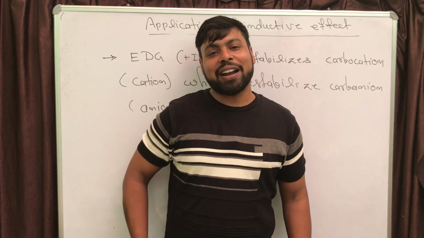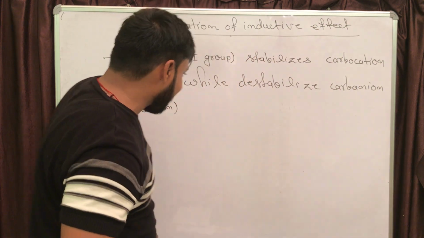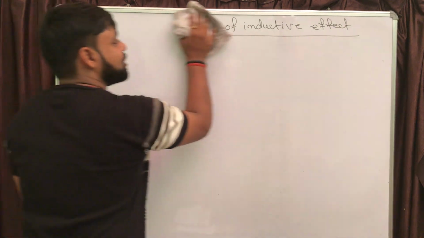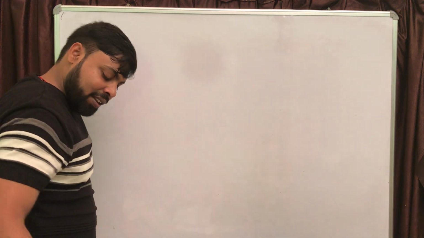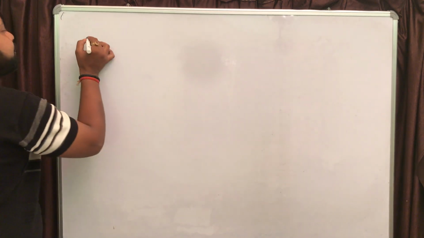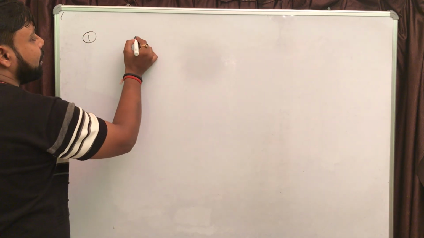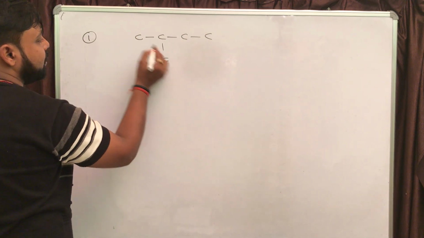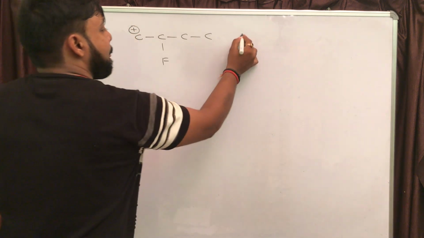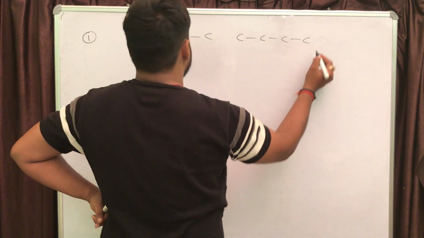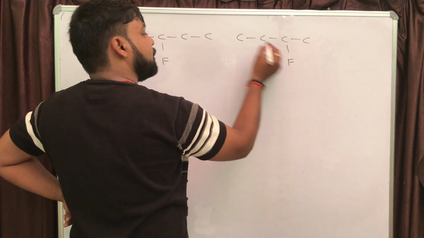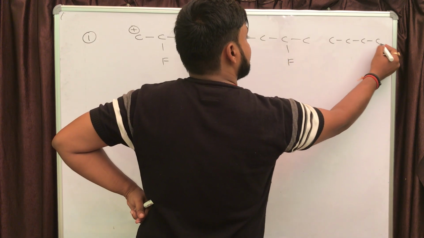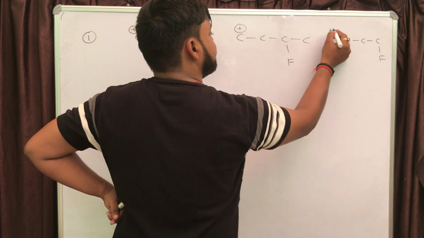So I am going to write some question, just try to solve that. If I have first one, let us say it is a carbon chain and fluorine positive charge, fluorine on third carbon atom, next fluorine on fourth carbon atom.